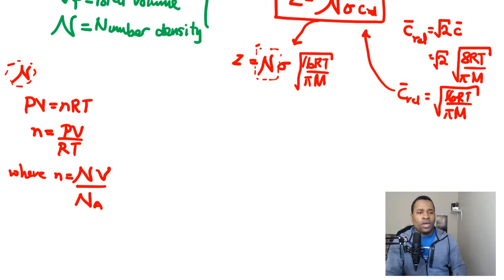And also we note that in this particular case we have our k. k is represented as the Boltzmann constant, and k is equal to R over the number of particles.